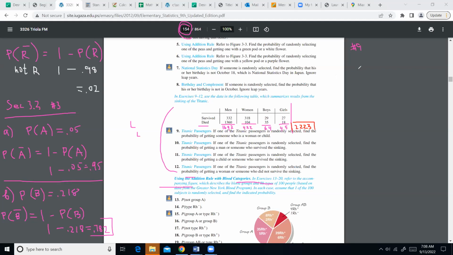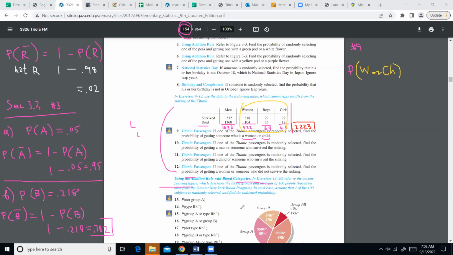In exercise number 9, they say find the probability that we got someone who is a woman or child. So what they're talking about is a group of passengers on that Titanic, and it seems that women and children are right here. All this part highlighted in yellow, so it's going to be either woman or child, and child means either boy or girl, right?